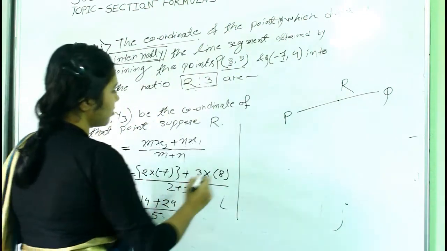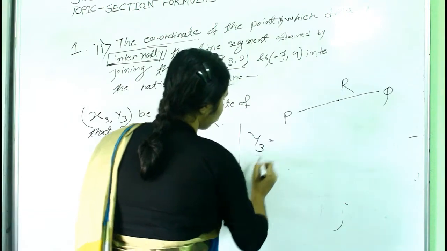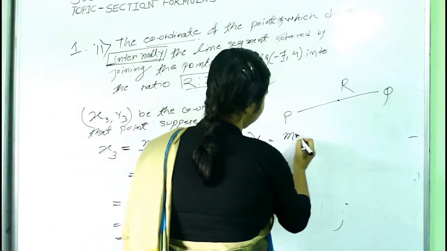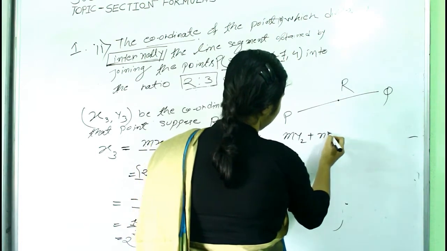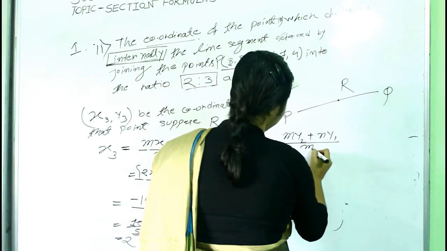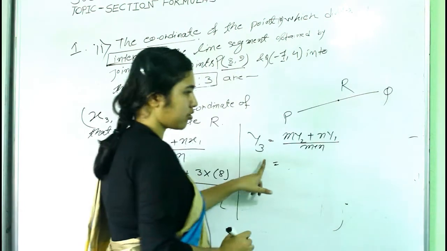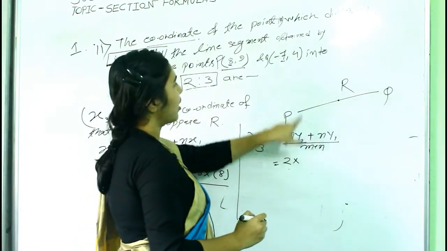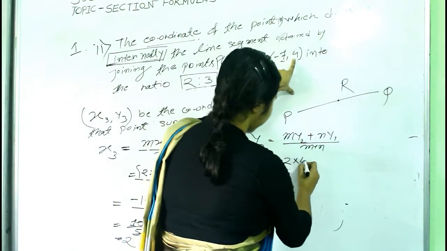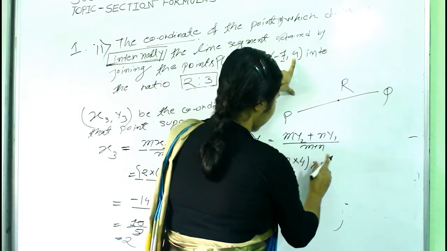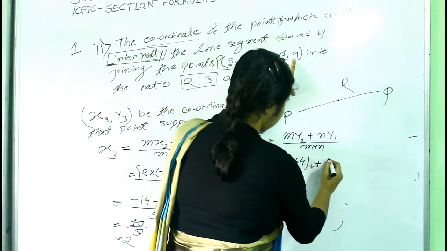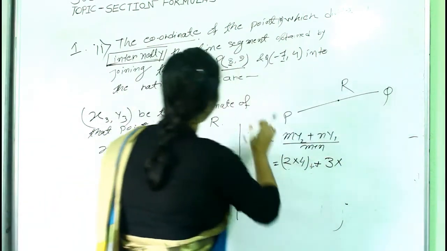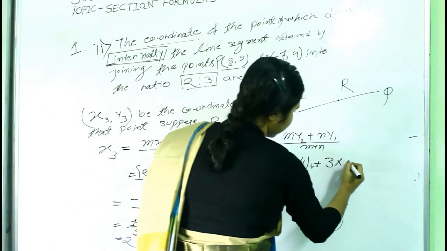Next calculate the value of y3. We know that the formula is y3 equals (m y2 + n y1) by (m + n). Again the value of m is 2 and y2 is 4. The value of n is 3 into y1, which is 9.